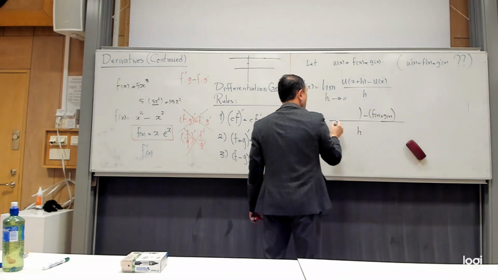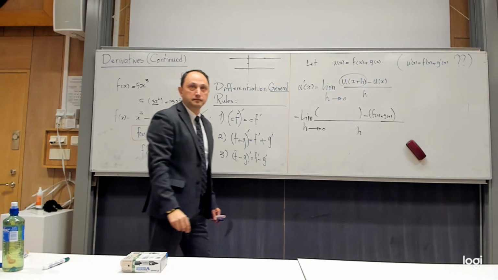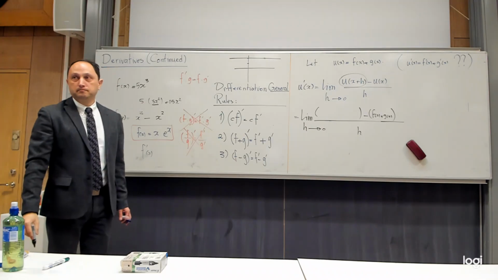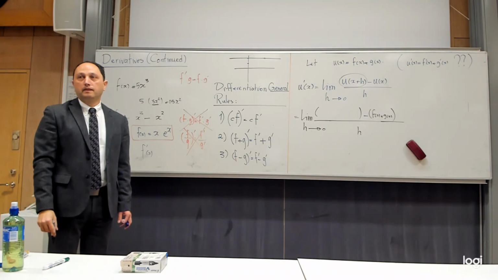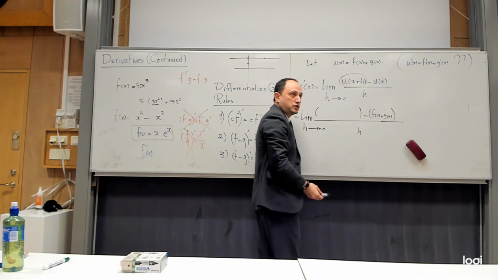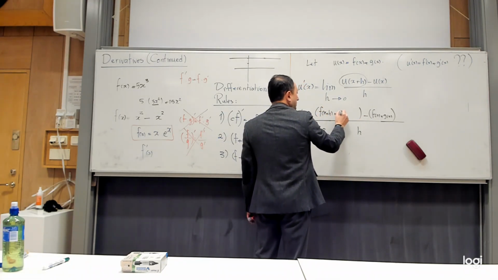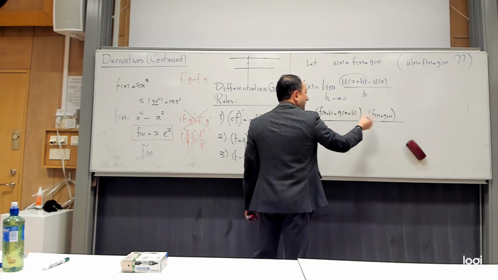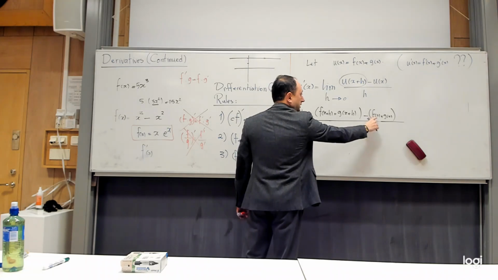Okay, now can you help me to write something for this? What should I write for that? Yes, exactly. So I have to replace x with x plus h everywhere. So this becomes f of x plus h plus g of x plus h. And now I think you understand what is going on, because I can multiply this negative sign in.